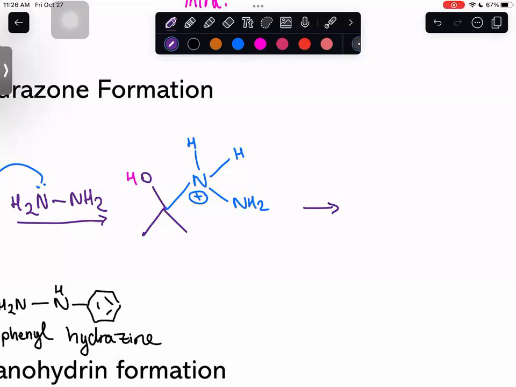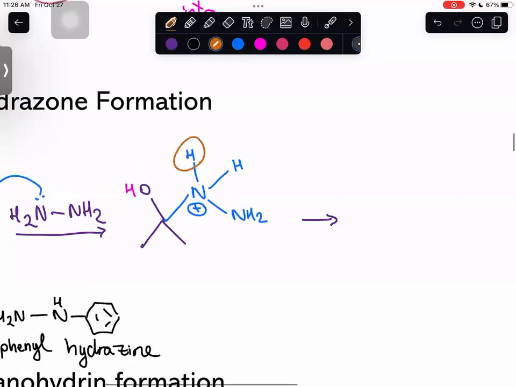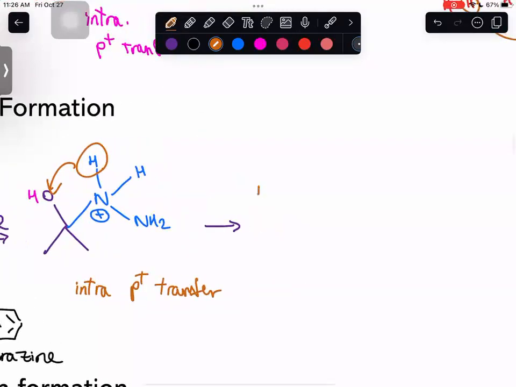It's going to go to that alcohol group, exactly, because that's my leaving group at the end. Again, this is your intramolecular proton transfer. So now you have this guy.